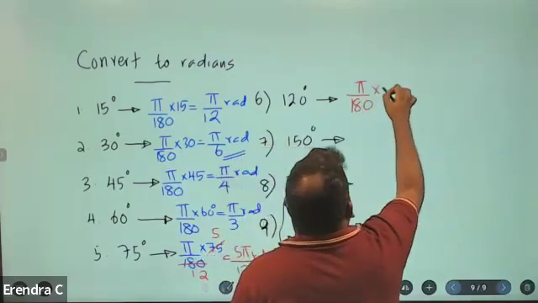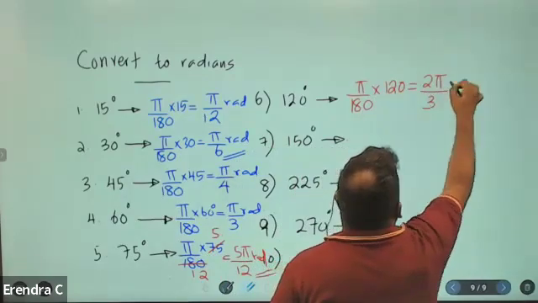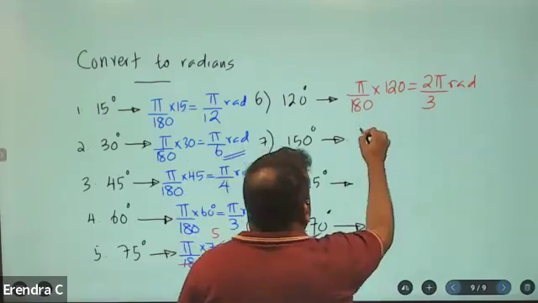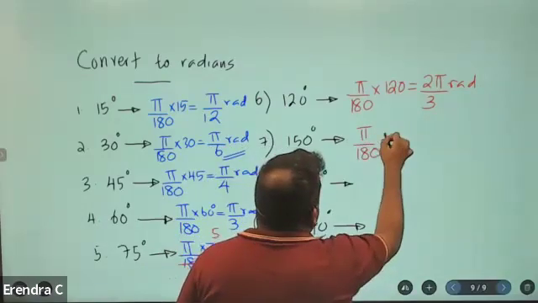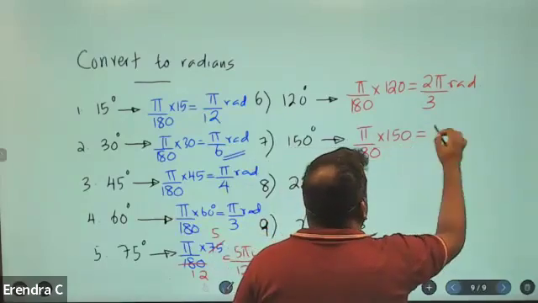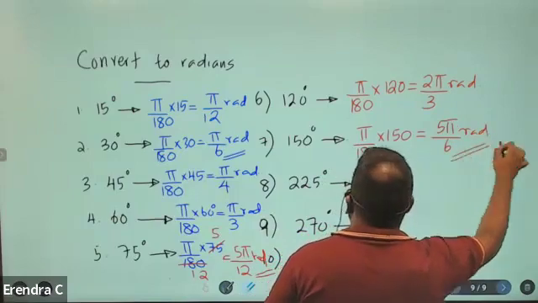Pi over 180 multiplied by 20, 60 times 2, 60 times 3. 2 pi over 3 radians. Look, pi over 180 multiplied by 150. You can divide by 3. 5 pi divided by 6.